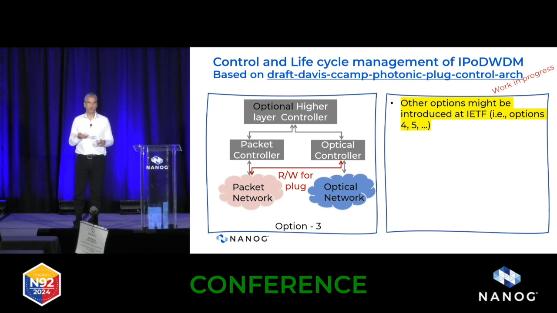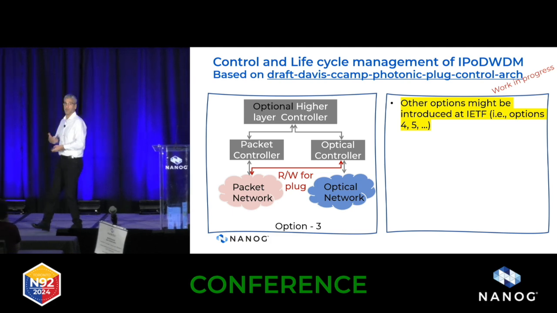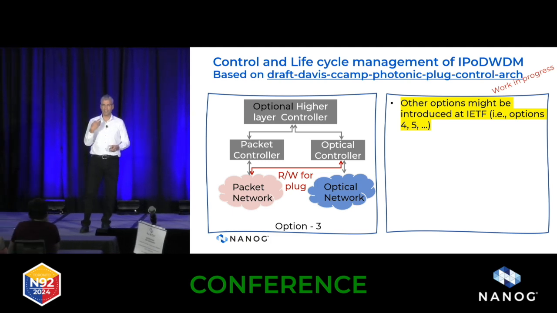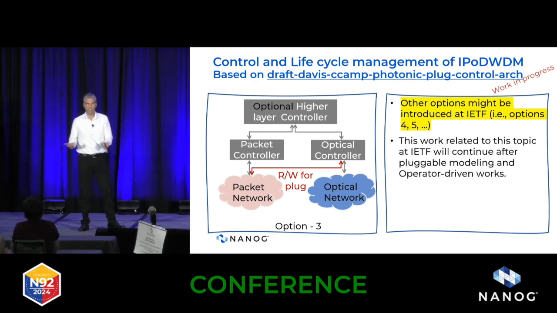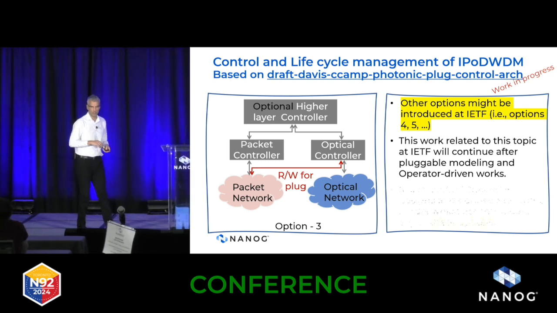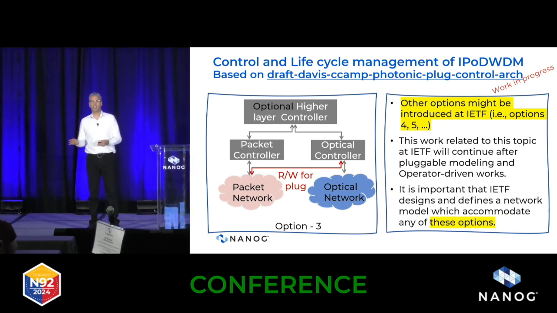Why don't we have an east-west relationship or connectivity between the two controllers? They can talk to each other. This might be an option and might be valid, but the whole idea is taking these as just options. They are valid depending on your scenario. Some of them are valid. But the work that we are doing at IETF is going to continue.